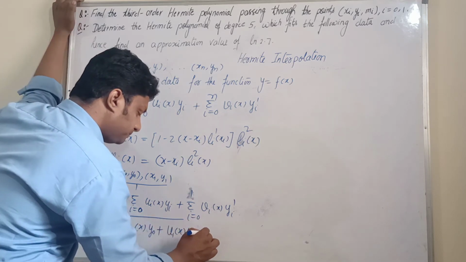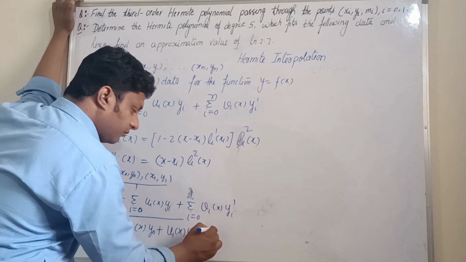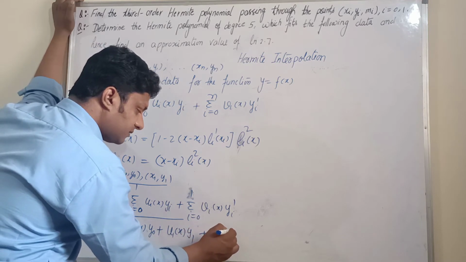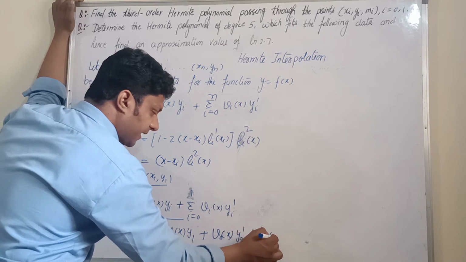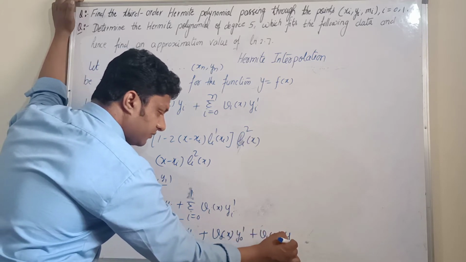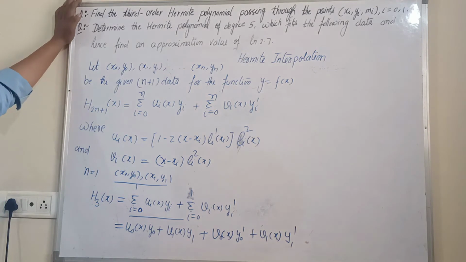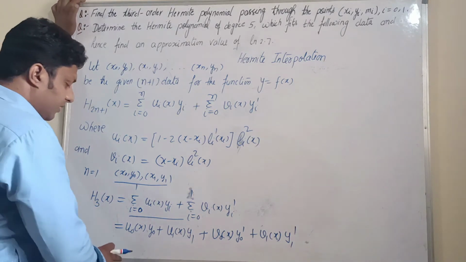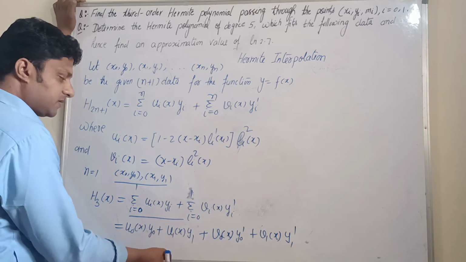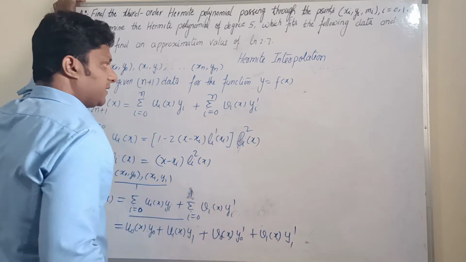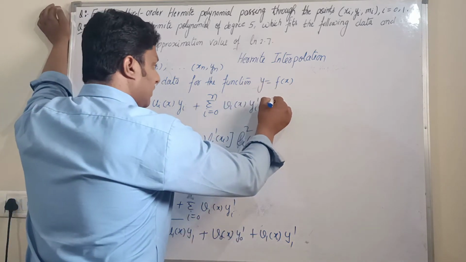Then further v0(x) y0'(x) plus v1(x) y1'(x). After that we will put the values of u0(x), u1(x), v0(x) and v1(x).